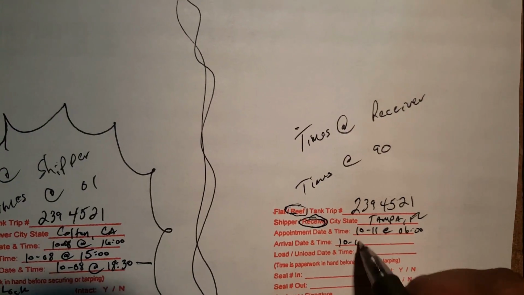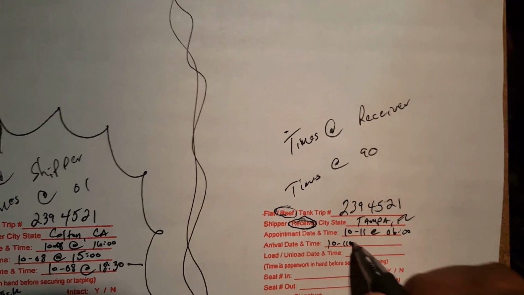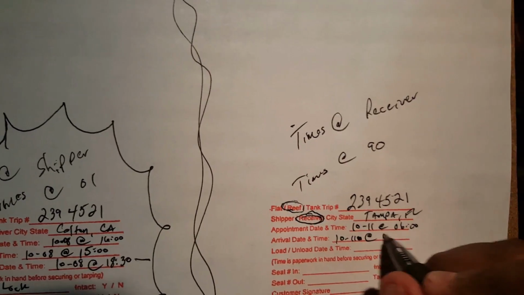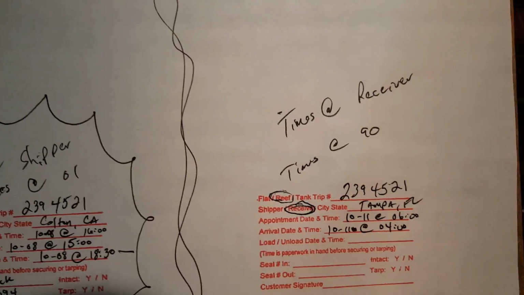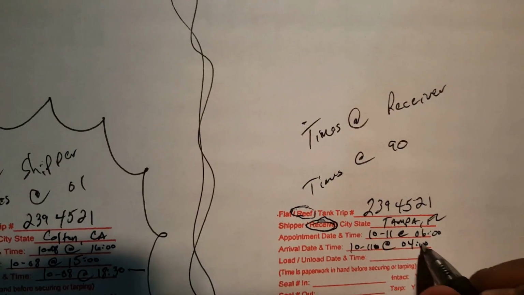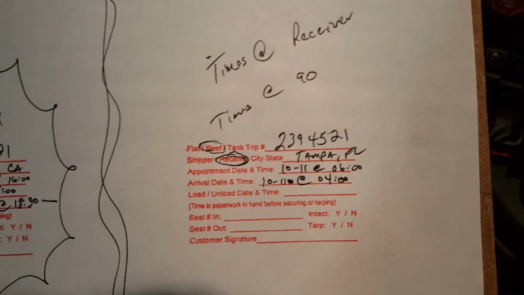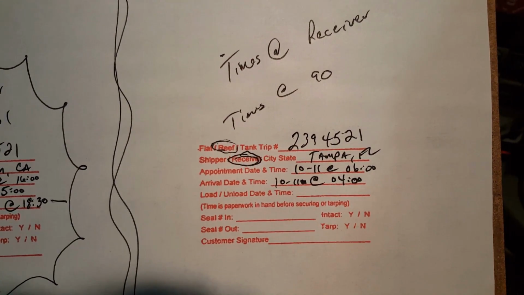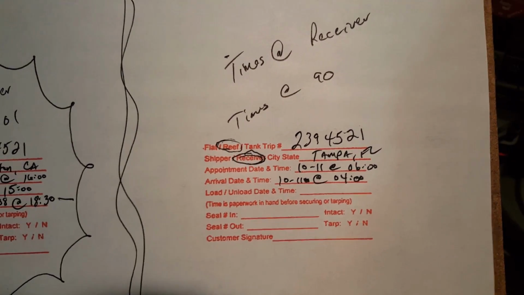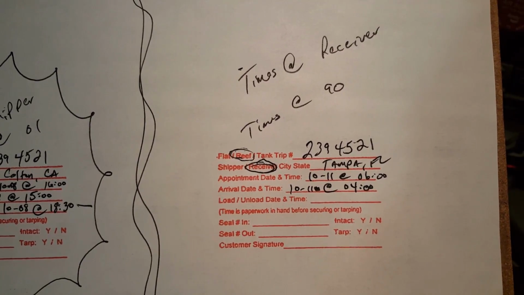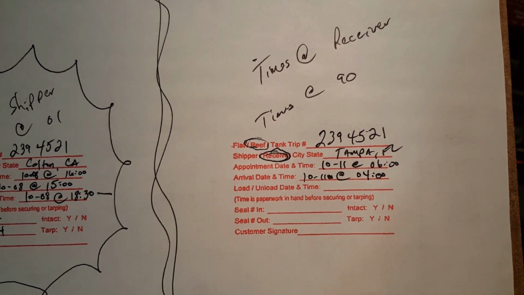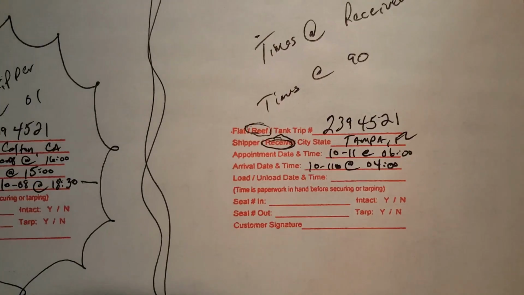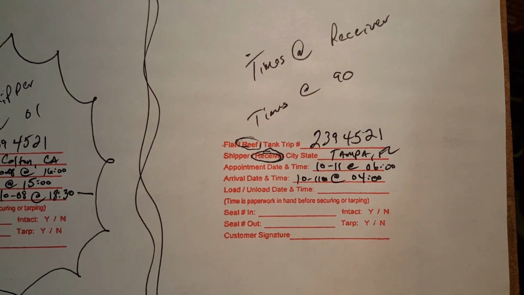We arrived 10/11 at 0400. And it's always important to use military time, people. Military time, because that is the only way you can tell and not be wrong. Because if you write 6 a.m. or 6 p.m., you don't want any questions or any doubts as to what time they're reading.